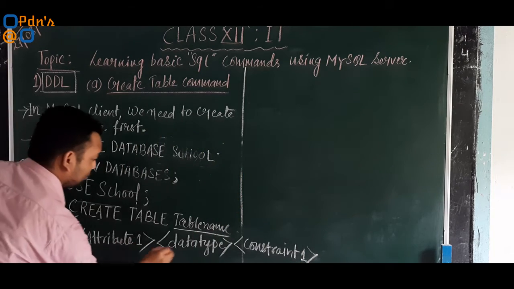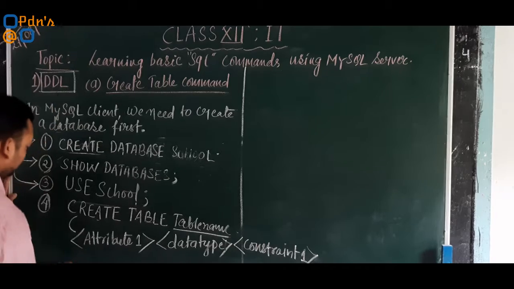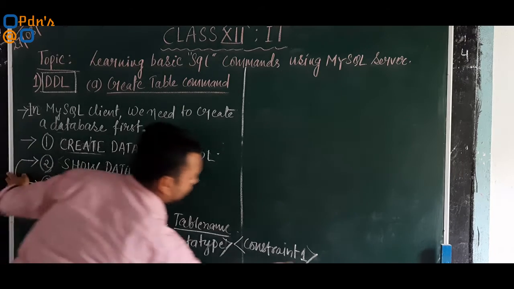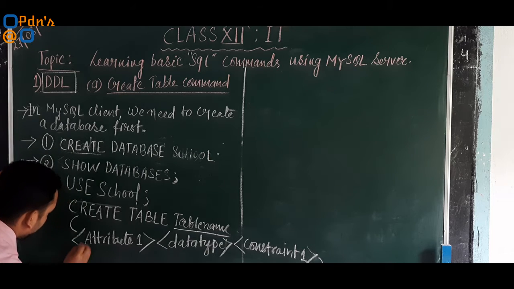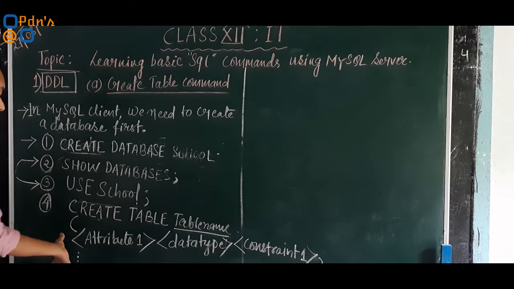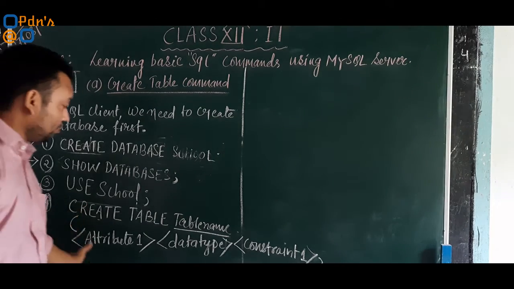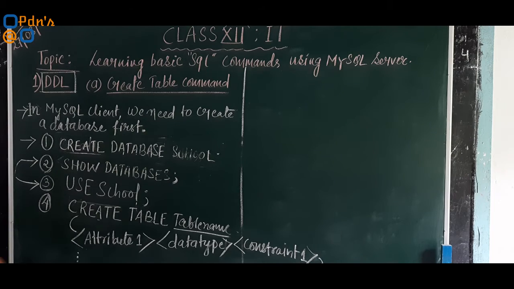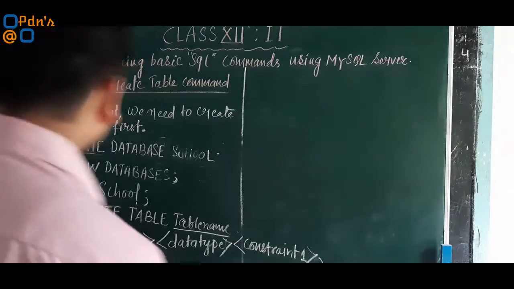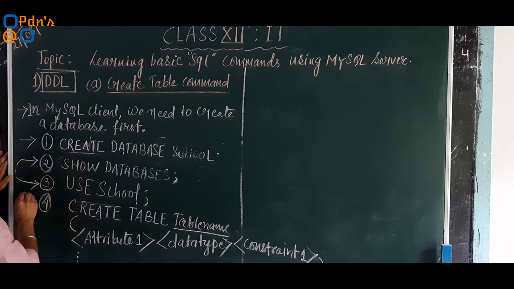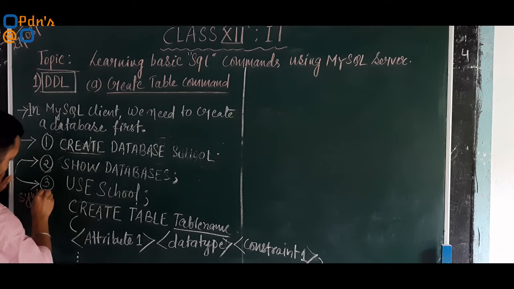Like this: attribute 1, data type 1, constraint 1. Similarly it will go on like this, place a comma, and finally we need to close the bracket, and once our bracket is closed, we place a semicolon. After pressing the enter key, it will automatically execute our create table command and generate a table or relation inside our database. This is the general syntax for creation of a table inside a database.